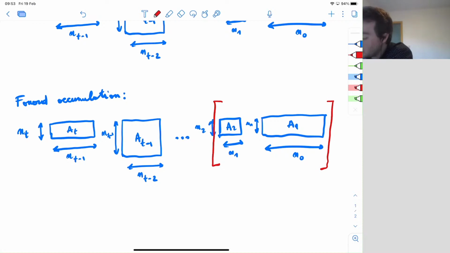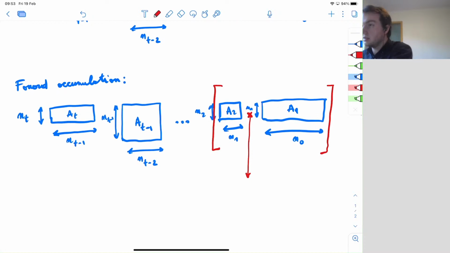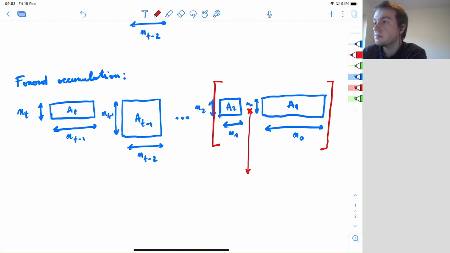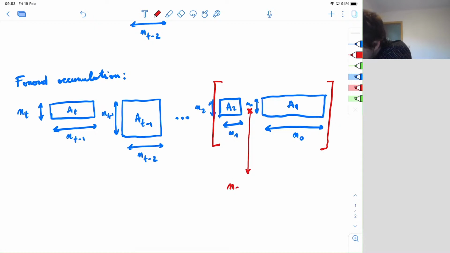And so when I multiply these two matrices, I have to implement some product operation, and the complexity of this operation would be proportional to, in this case, n2 times n1 times n0.